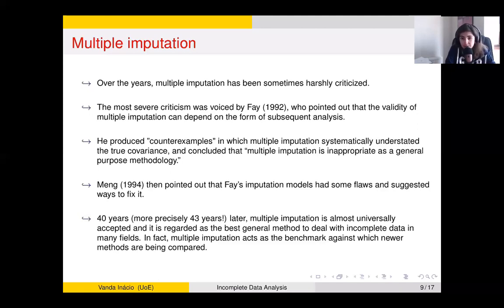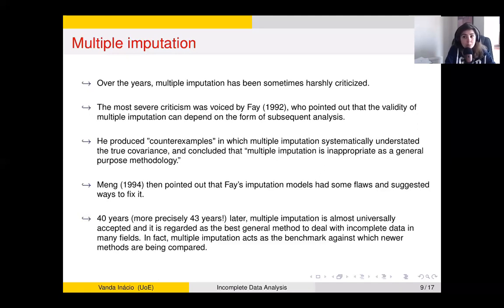In summary, the first paper about multiple imputation by Rubin was in 1977. So today in 2020, 43 years after the birth of multiple imputation, it is basically accepted as the best, or one of the best, if not the best, methods to deal with missing data in many fields.